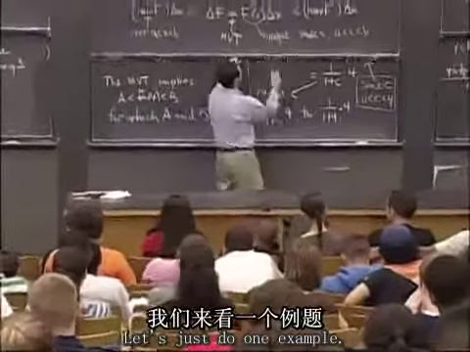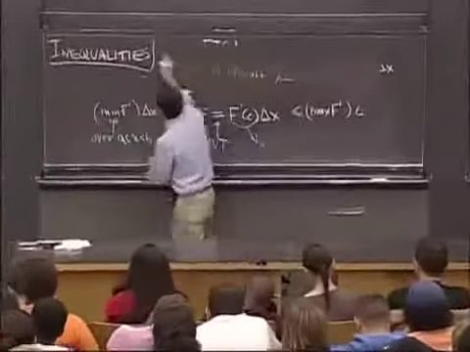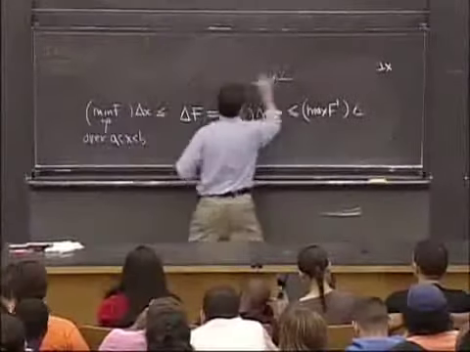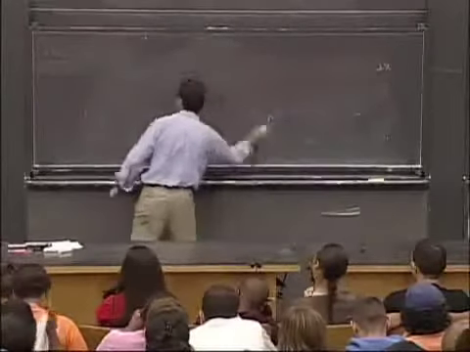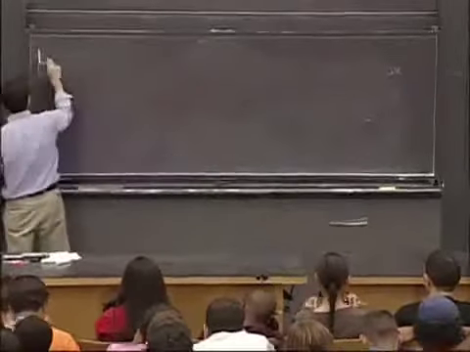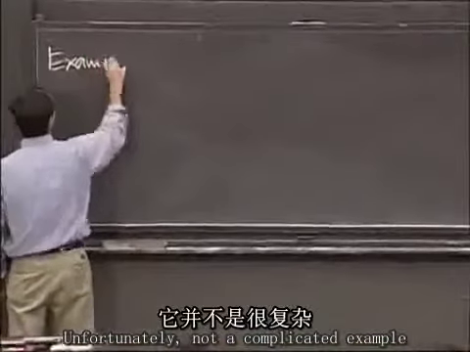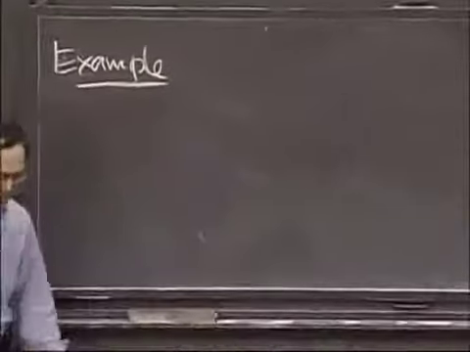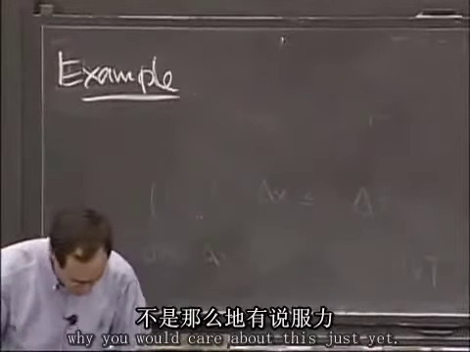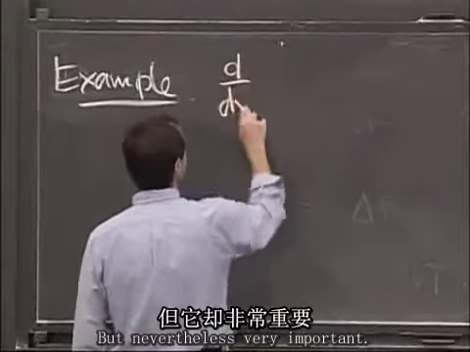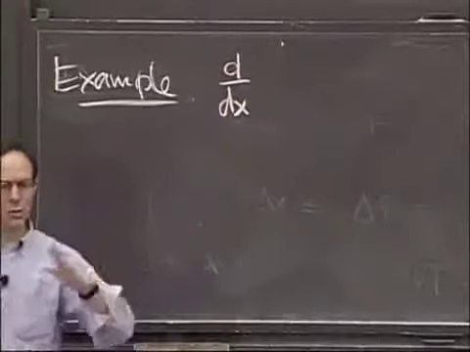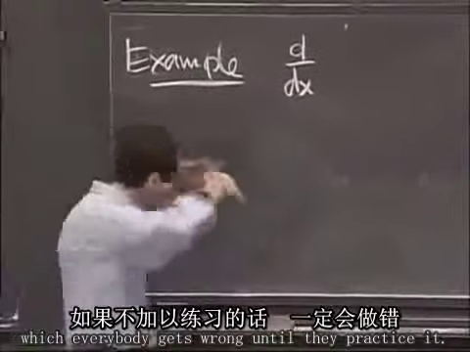let's just do one example. Unfortunately, not a complicated example, and maybe not persuasive as to why you would care about this just yet. But nevertheless, very important because this is the quiz question which everybody gets wrong until they practice it.